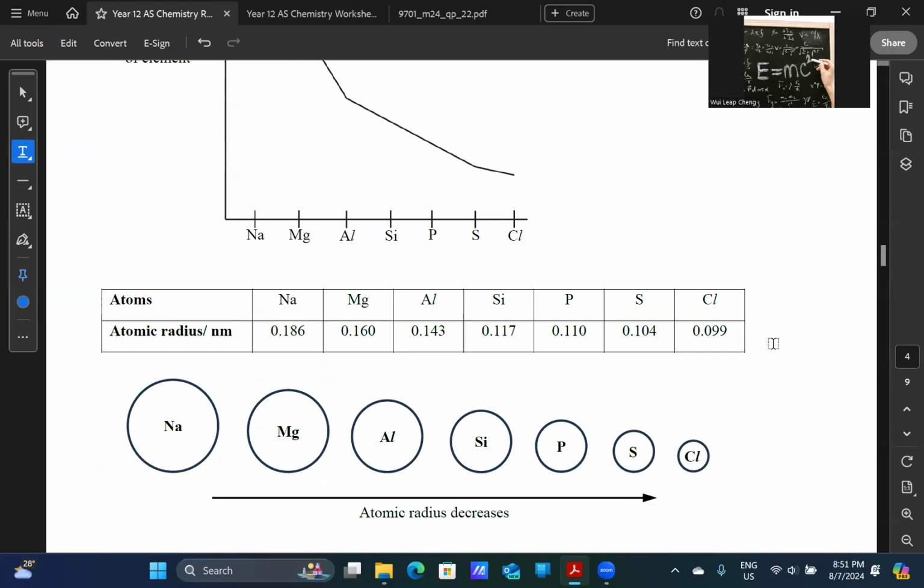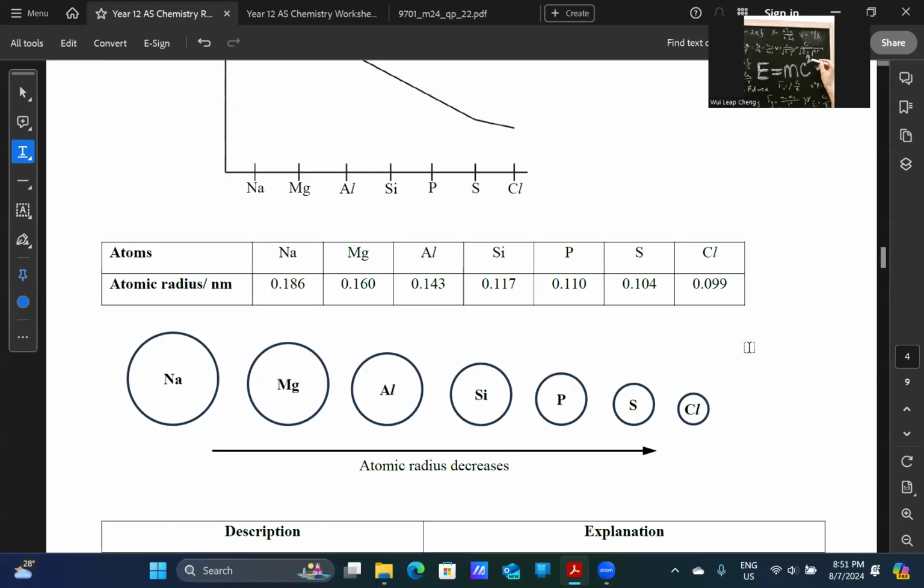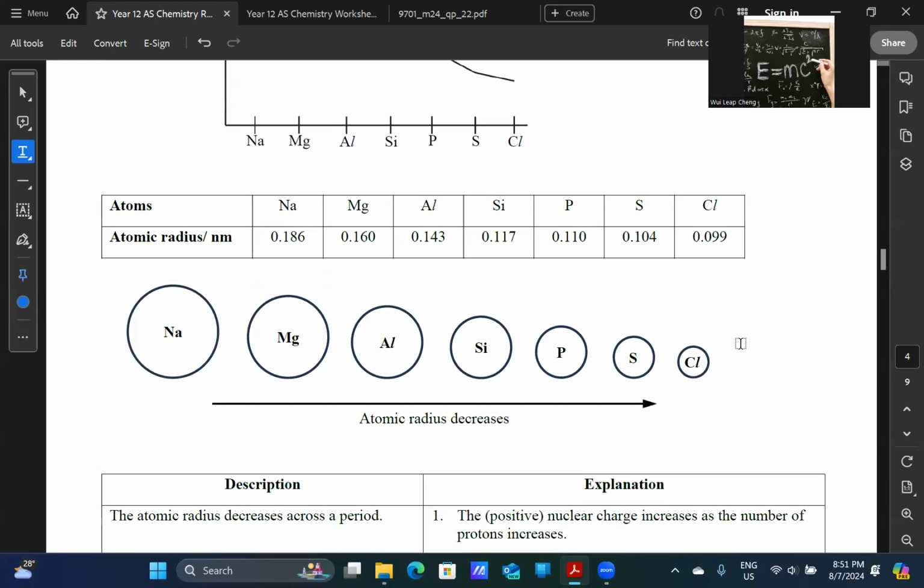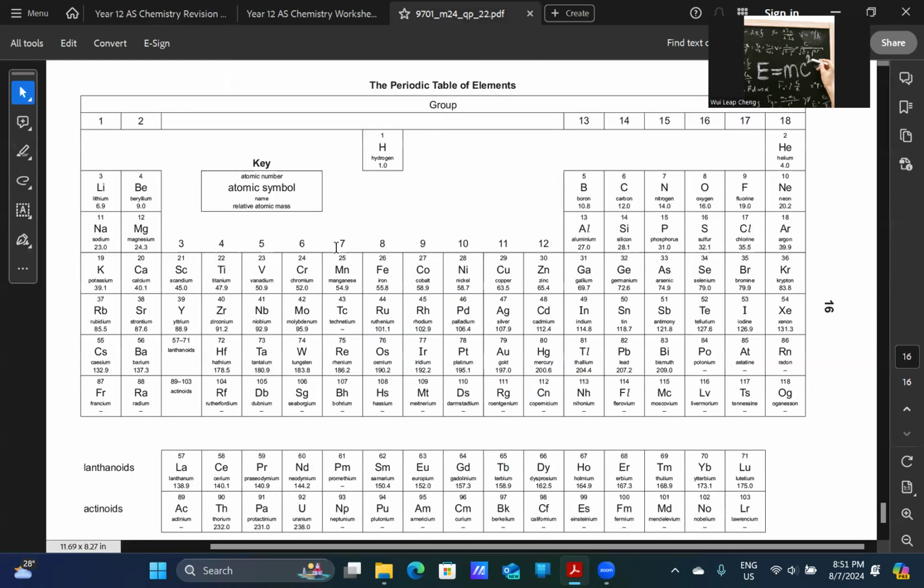That is called a period. As you can see in the diagram, sodium to chlorine is from which period? Sodium to chlorine is from period 3.